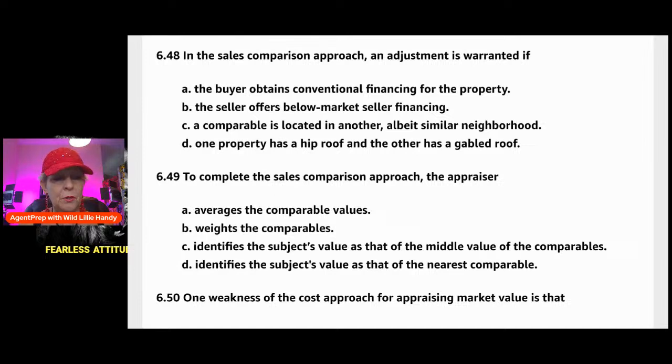All right, number 49. To complete the sales comparison approach, the appraiser does what? A, average the comparable values. B, weights the comparables. C, identifies the subject's value as that of the middle value of the comparables. Or D, identifies the subject's value as that of the nearest comparable.